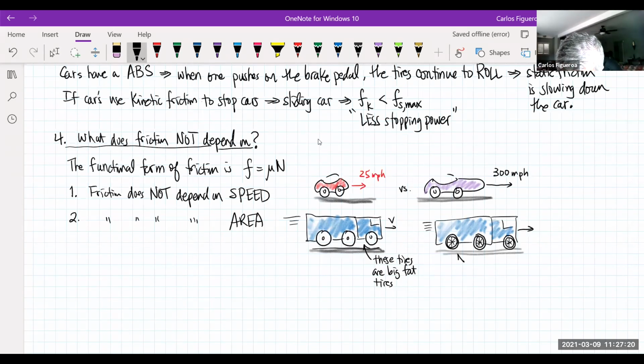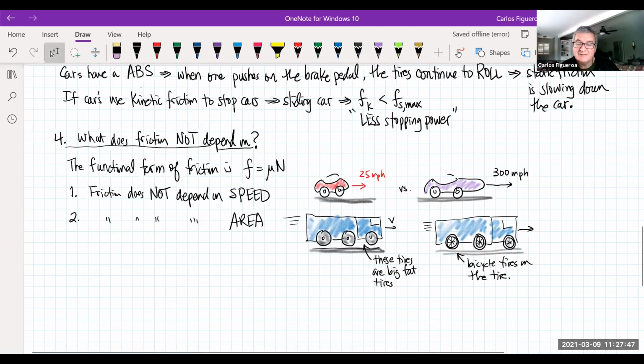These are bicycle tires on the truck. So you mean the contact of the tires with the road doesn't affect the stopping power of a car? You've got to say, dude, that's crazy. That's absolutely crazy.